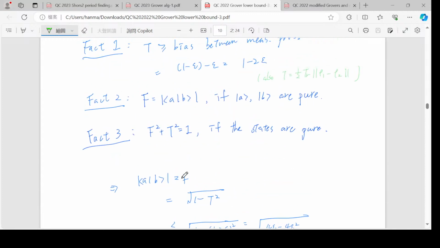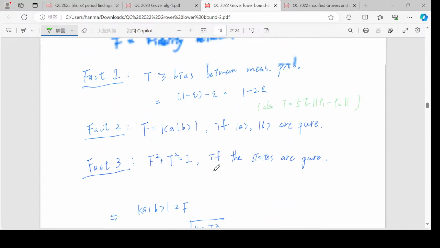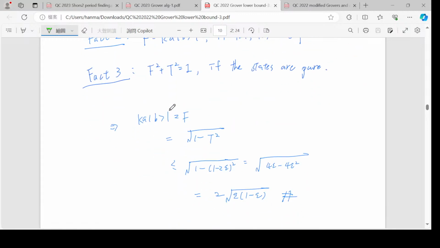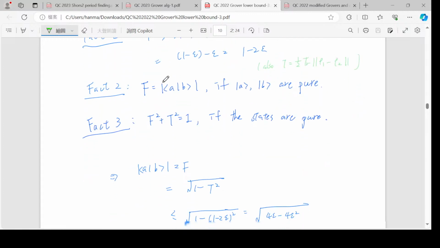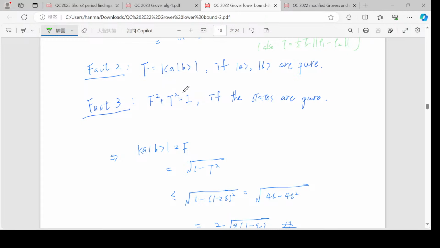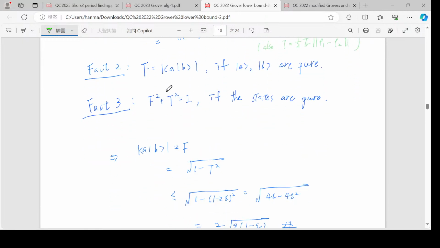So what we want is the fidelity, and from fact 3, it's just the square root of 1 minus trace distance squared. But now we have a lower bound on trace distance, I think.